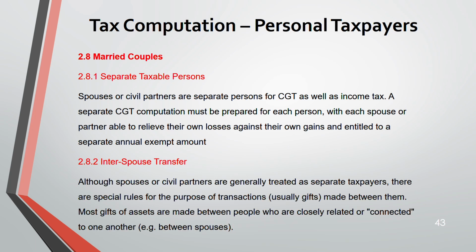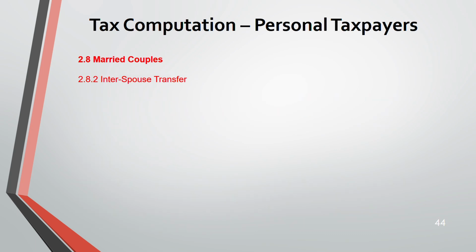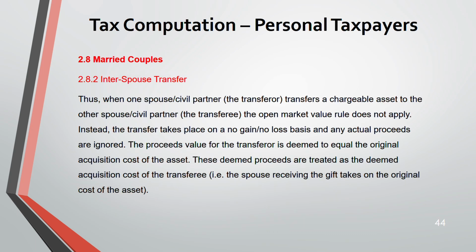Okay. But there are some special rules if there's an inter-spouse transfer. Now, for inter-spouse. So normally what happens when we are making a sale or a gift, we do it at open market value, right?